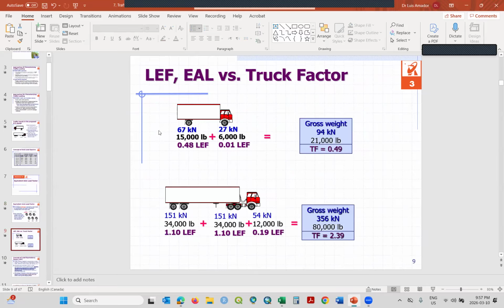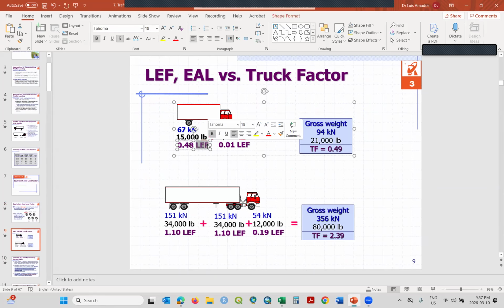So, for example, look at these trucks we were looking at before. Imagine you have 6,000 pounds on the steering axle and 15,000 pounds on the single axle at the back. Your 15,000 pounds will produce something like 0.48 units of damage.